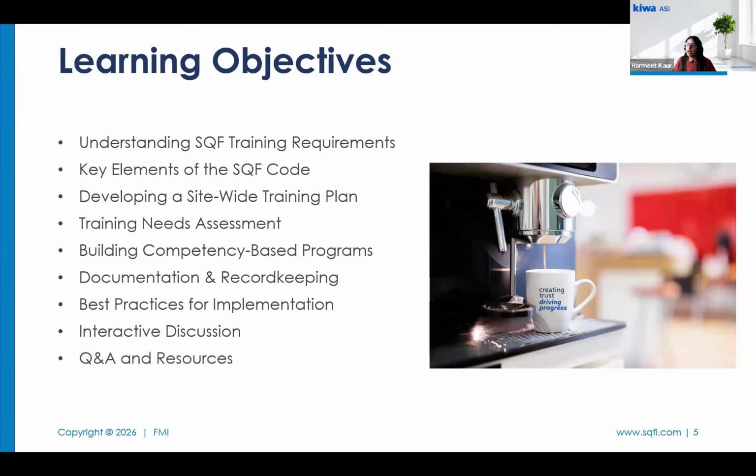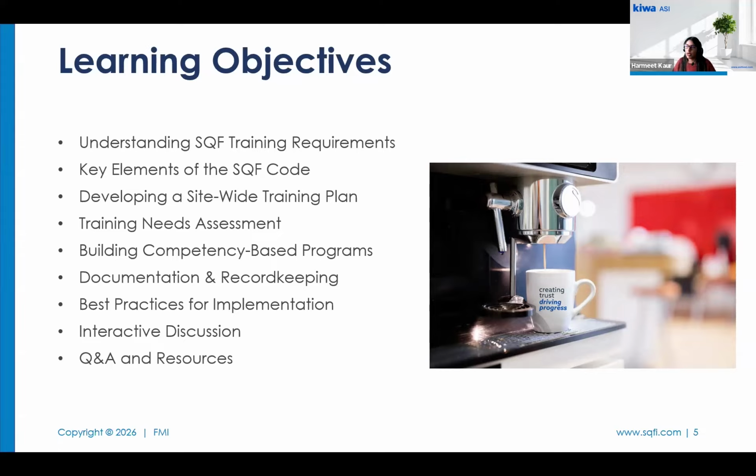So this is what we're going to cover today. We will start by understanding specific SQF training requirements in the code, what is mandatory, what auditors are looking for. We will also walk through how to develop your site-wide training plan that actually fits your facility, your workforce, your production schedule.